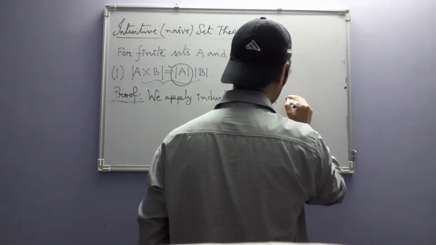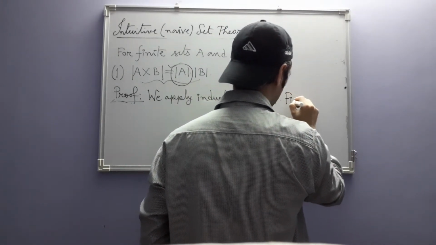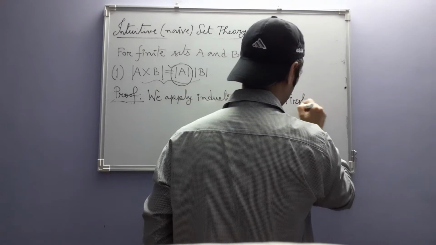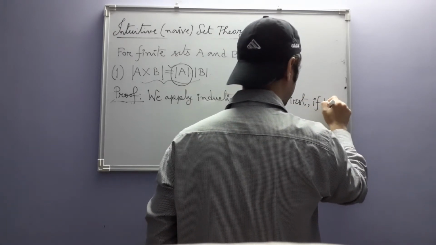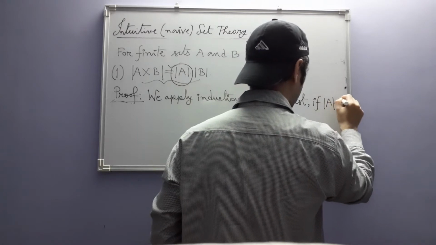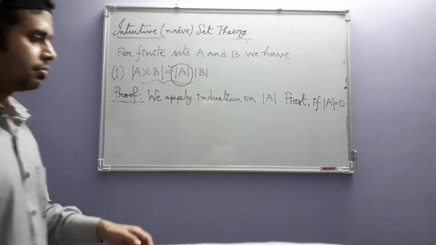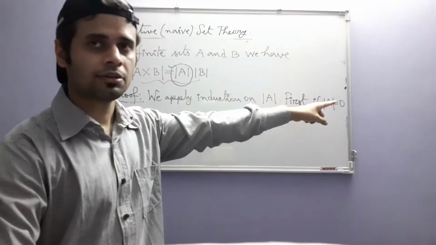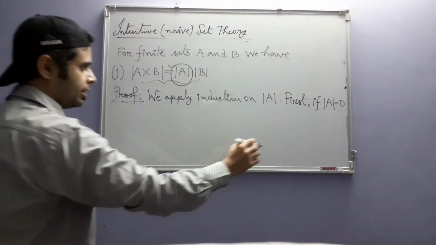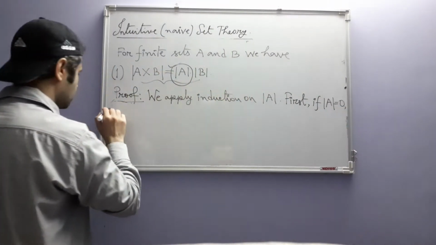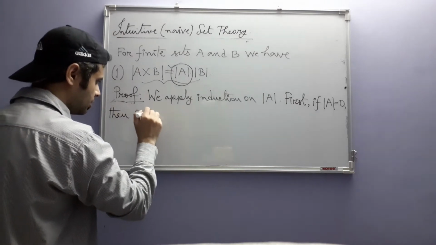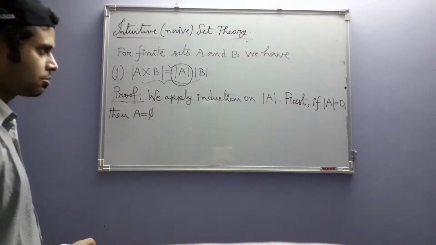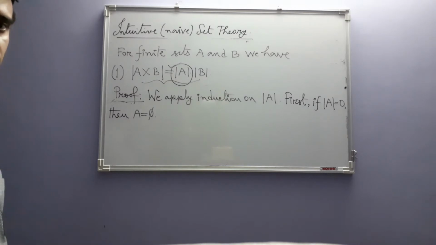So, first, if cardinality of A is 0, then A is the empty set, because only the empty set has no elements.